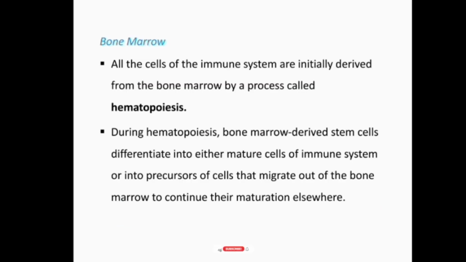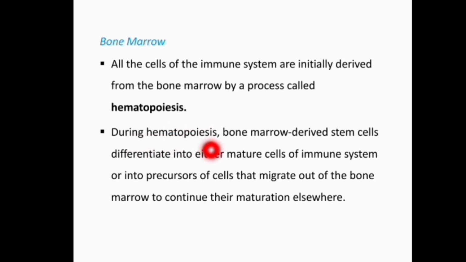And coming to the bone marrow. All these cells of the immune system are initially derived from the bone marrow by a process called hematopoiesis. Hematopoiesis is the production of stem cells in the bone marrow.